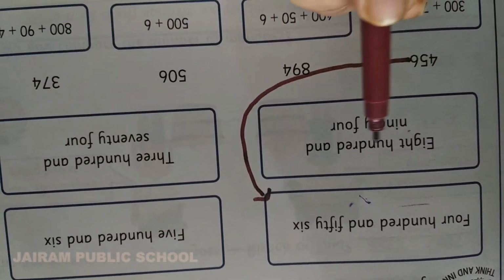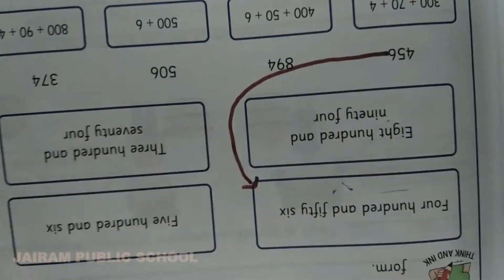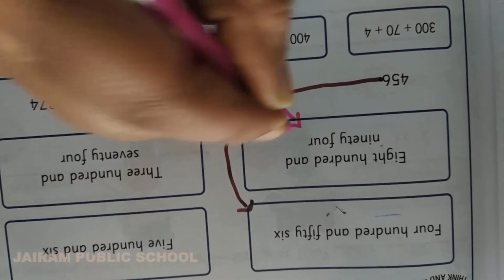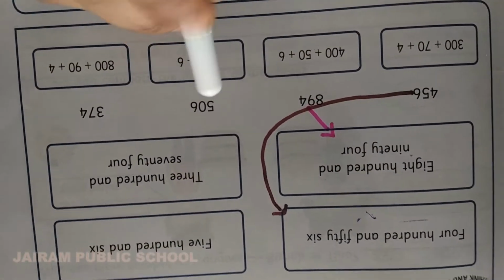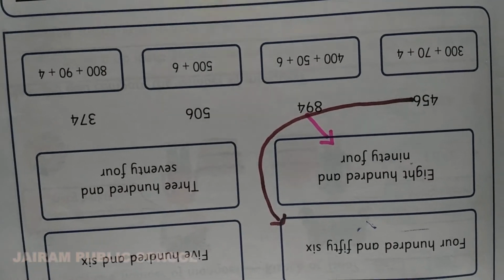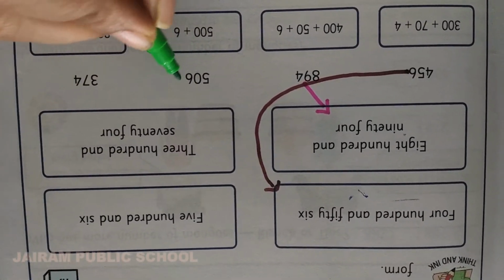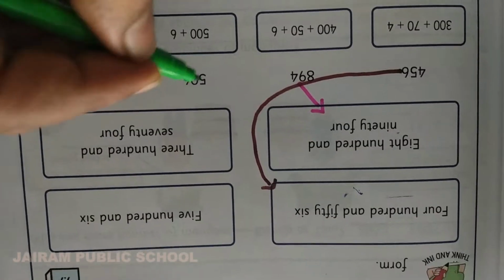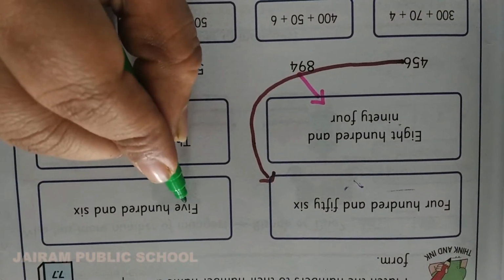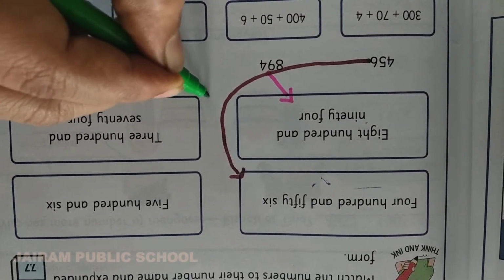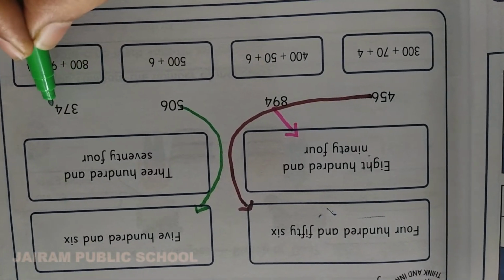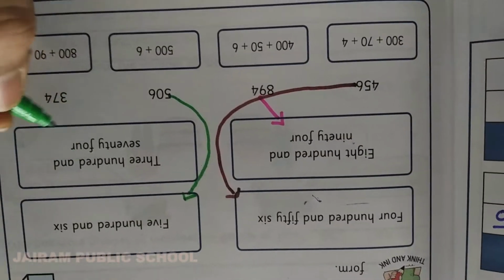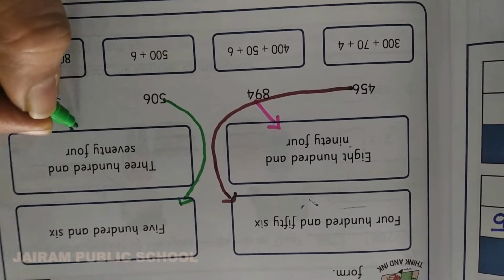See here, 894, it is here. So now you want to match this number with this. Okay, and then see the next one, 506. Where is it? 506 here. See, 506, the number name is here. So you want to match. And the last one is 374. So 374, the number name is here.